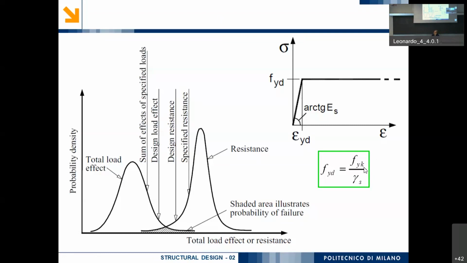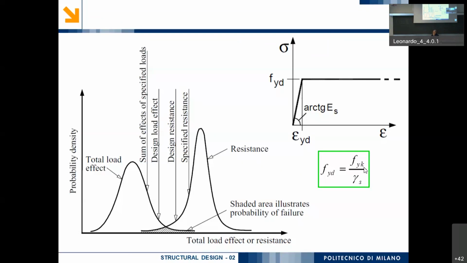When in structural design we are talking of characteristic value, we assume that there is 95% of probability that the real value of the yielding stress is higher than Fyk. So there is only a 5% probability that the real value is lower than the characteristic value.